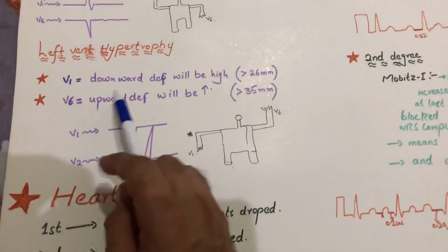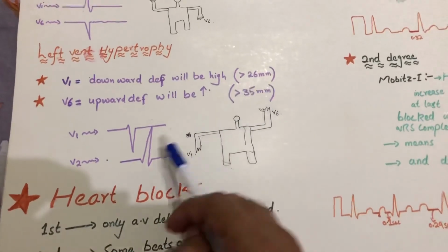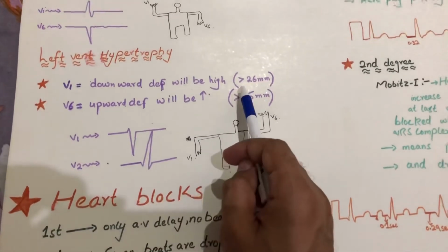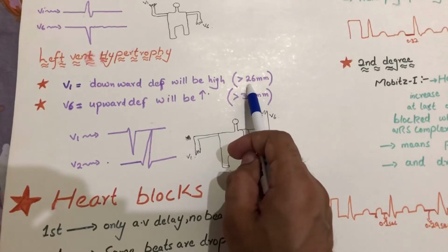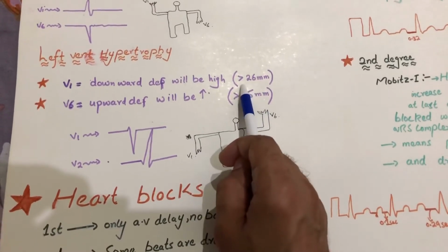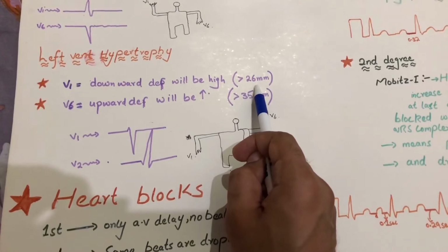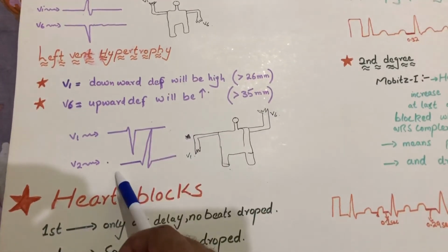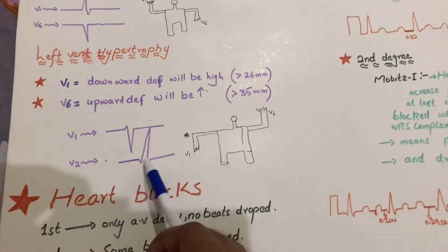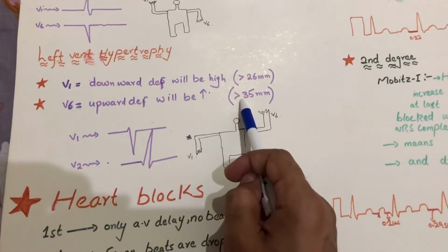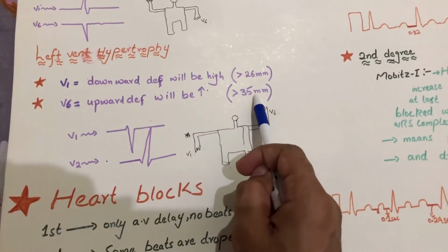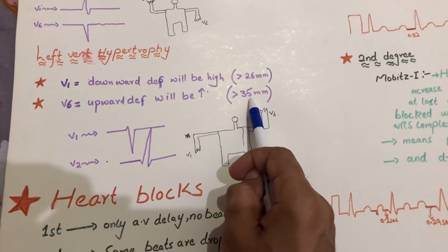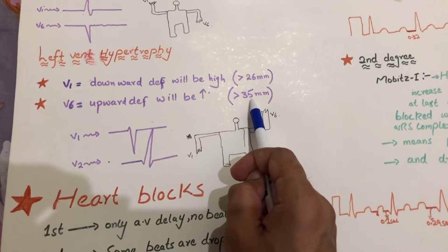For example, in V1 the downward deflection will be greater than 26 mm, meaning more than 26 small boxes, and in V6 the upward deflection will be greater than 35 mm, meaning more than 35 small boxes.